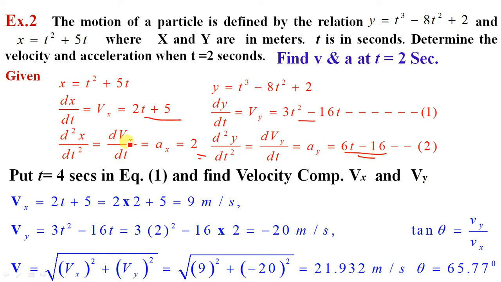Similarly to the previous problem, find out the Vx and Vy by substituting t is equal to 4. You will get the value 9 meter per second for Vx, and Vy is minus 20 meter per second. Substitute Vx and Vy in this equation to find out the total V and find out the theta also.